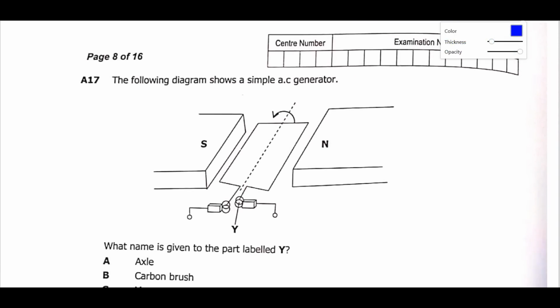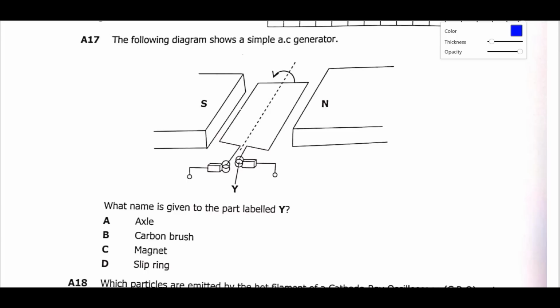So number 17. The following diagram shows a simple AC generator. What name is given to the part labeled D? This should be a slip ring.